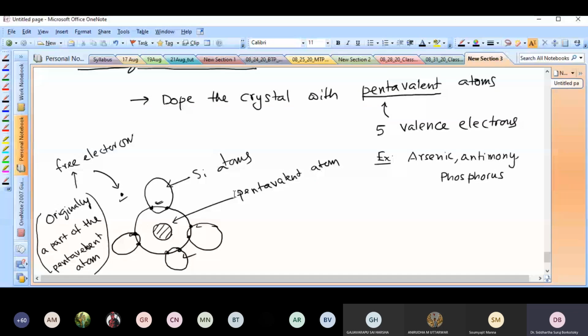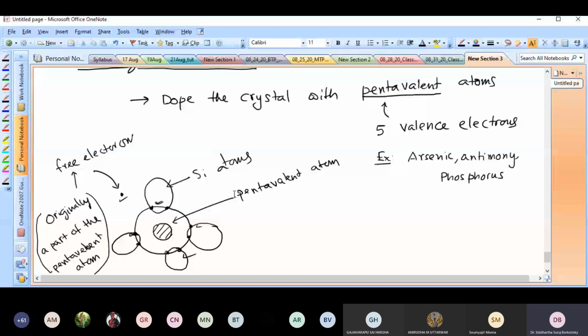In this case, on the other hand, you are adding an impurity from the outside that had 5 electrons to share, and of those 5 electrons, 4 have already paired, leading to 8 valence electrons, a stable structure, and 1 extra electron that is just thrown off to some outer orbit.